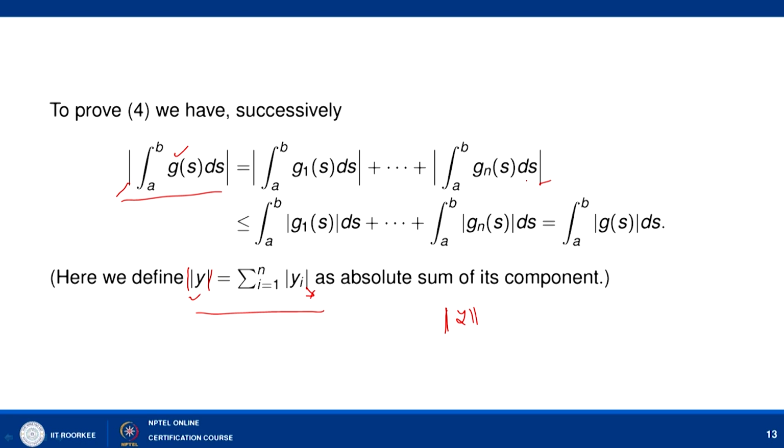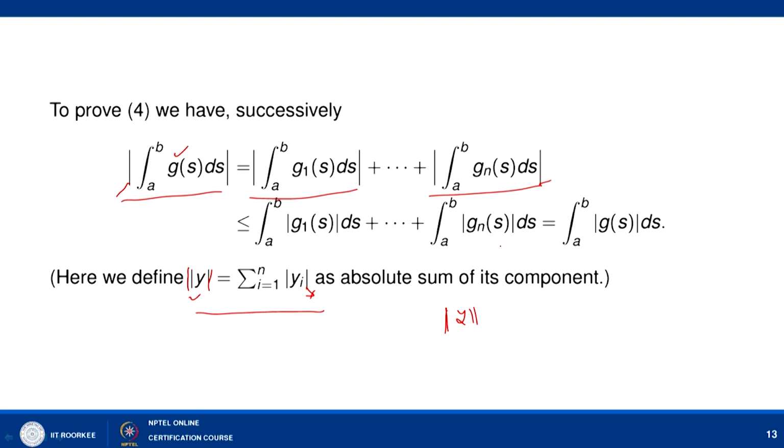So we can write the norm of the integral from a to b of g(s) ds equal to, as we have already defined, the absolute sum of its components. So we can write down the modulus of the integral from a to b of g1(s) ds plus the modulus of the integral from a to b of g2(s) ds, plus and so on, the modulus of the integral from a to b of gn(s) ds. Now this can be bounded by less than or equal to the integral from a to b of modulus of g1(s) ds, and similarly the last one is bounded by the integral from a to b of modulus of gn(s) ds.